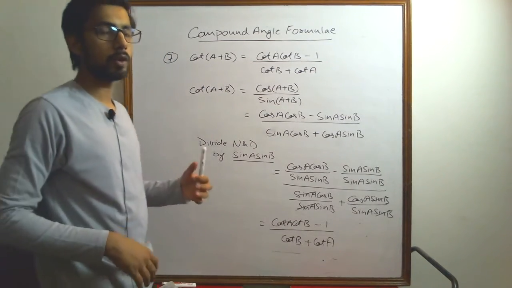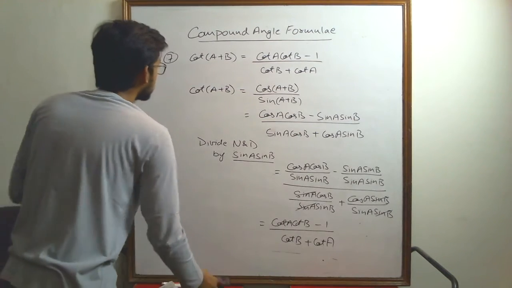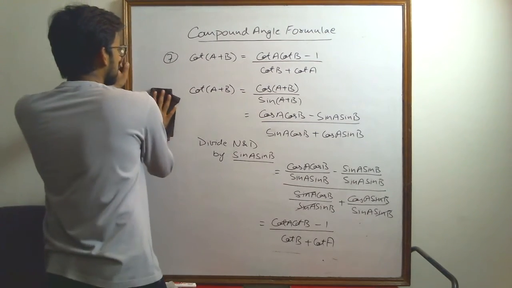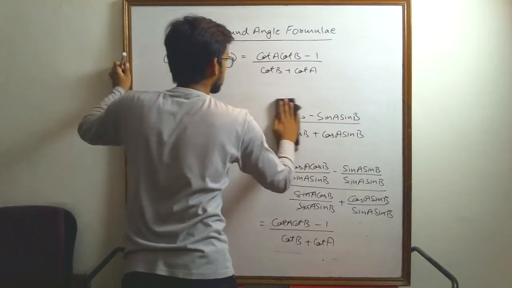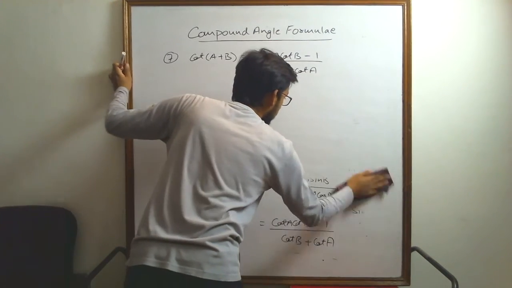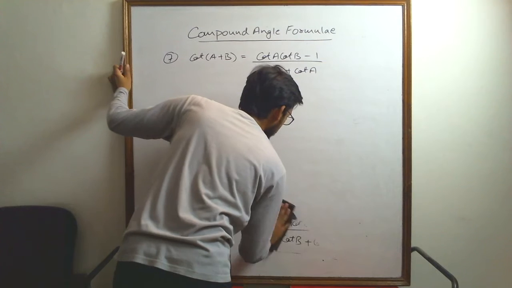To get the formula for cot A minus B, we replace B by minus B in this identity. So B is replaced by minus B everywhere in the identity.